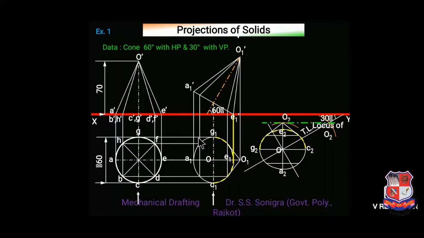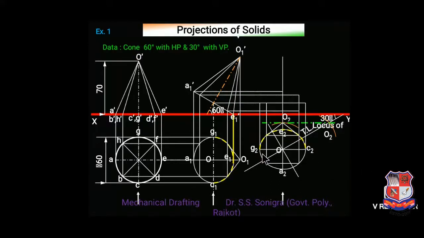You don't have to rotate this top view directly 30 degree with VP. You have to do correction in angle, and after doing this correction, just follow the steps what we do regularly. Take projections from here, vertical lines and horizontal lines from here, find out respective points and join them appropriately.